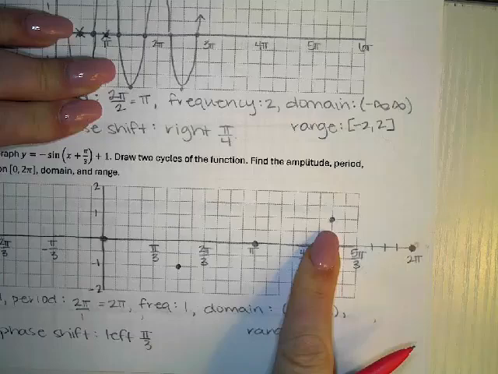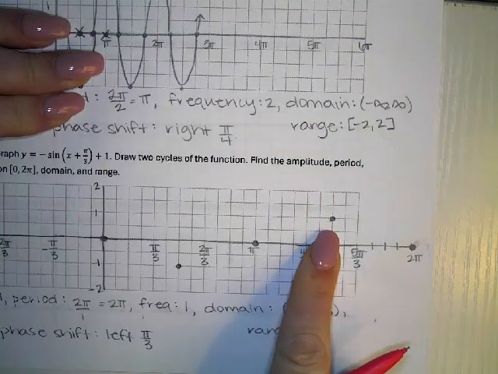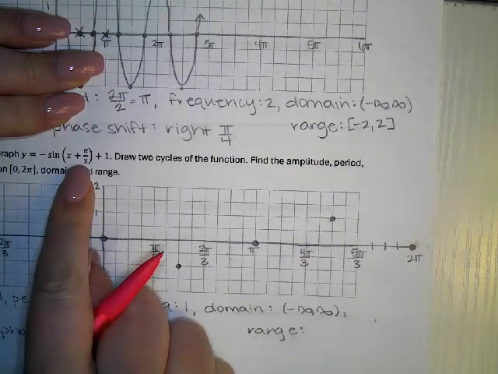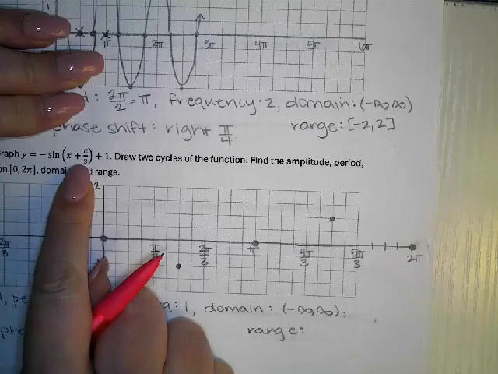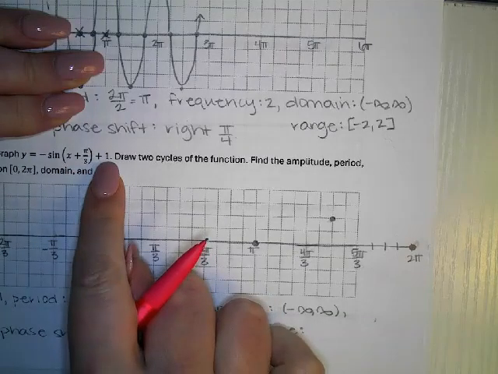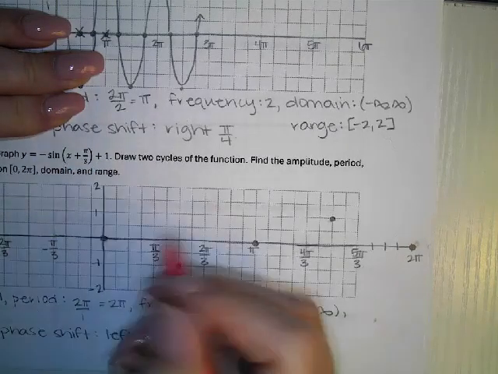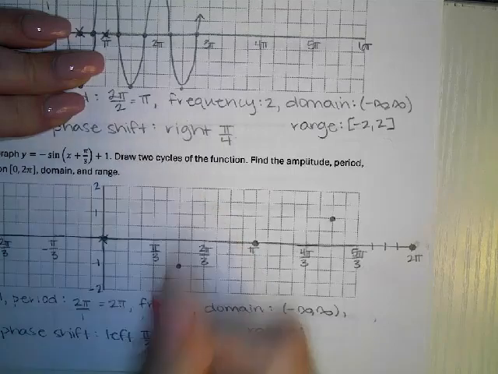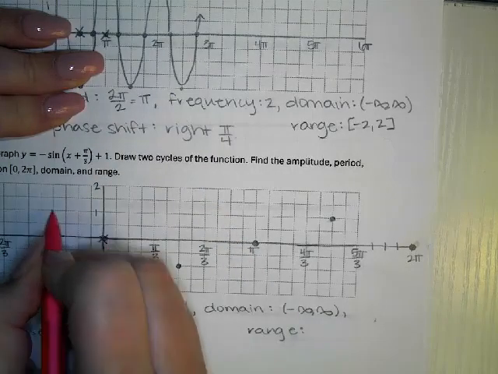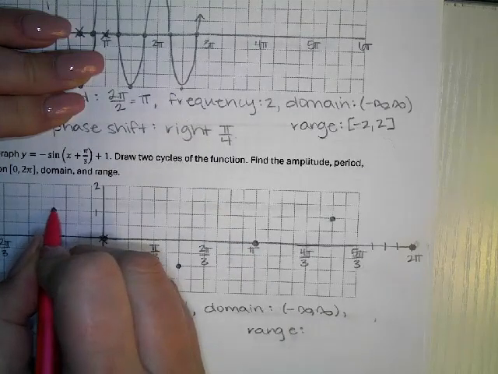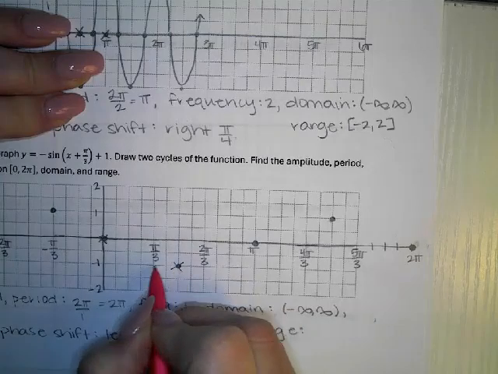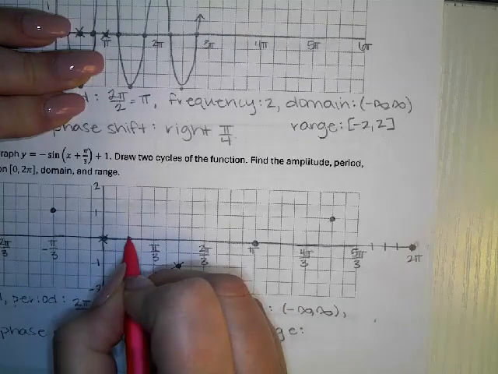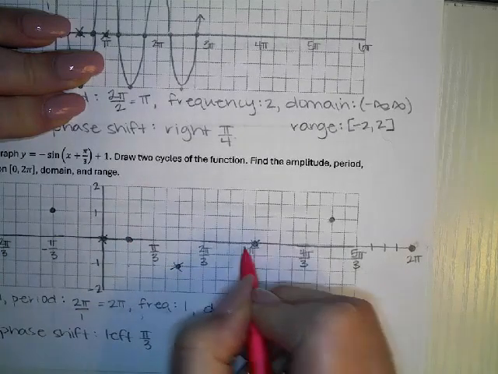Okay, and then each of these points is going to need to move to the left pi-thirds, which is 4 boxes, and then go up 1, which is 2 boxes. So I'm going to go left 4 boxes and up 2 boxes. Left 4 boxes, up 2 boxes.